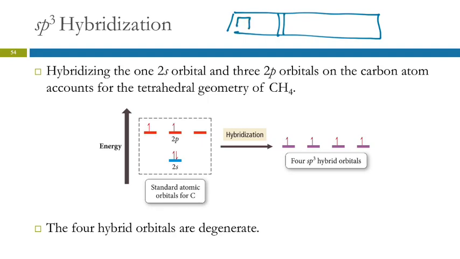I'm not going to put four posters on them and three-dimensional and stuff. This is the 2S room, and this is the 2P room. So the S room has one bed. The P room has 3 beds. And what we've got going on here is that we've got 2 electrons here and 2 electrons over there.